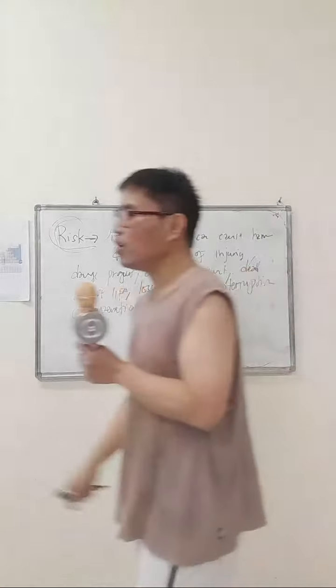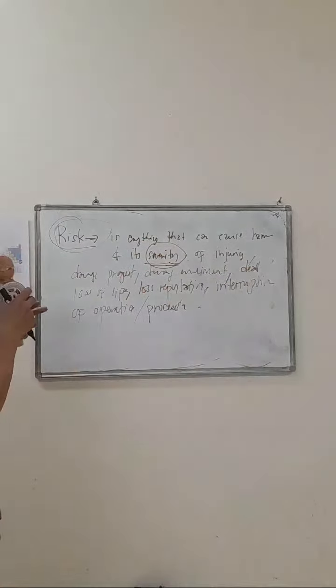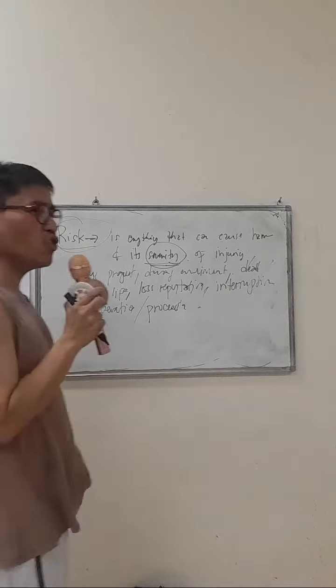Again, the definition of risk is this: anything that can cause harm and a severity of injury, death, loss of life, damage to property, damage to the environment, loss of reputation, interruption of operations and processes, and the combination of all.